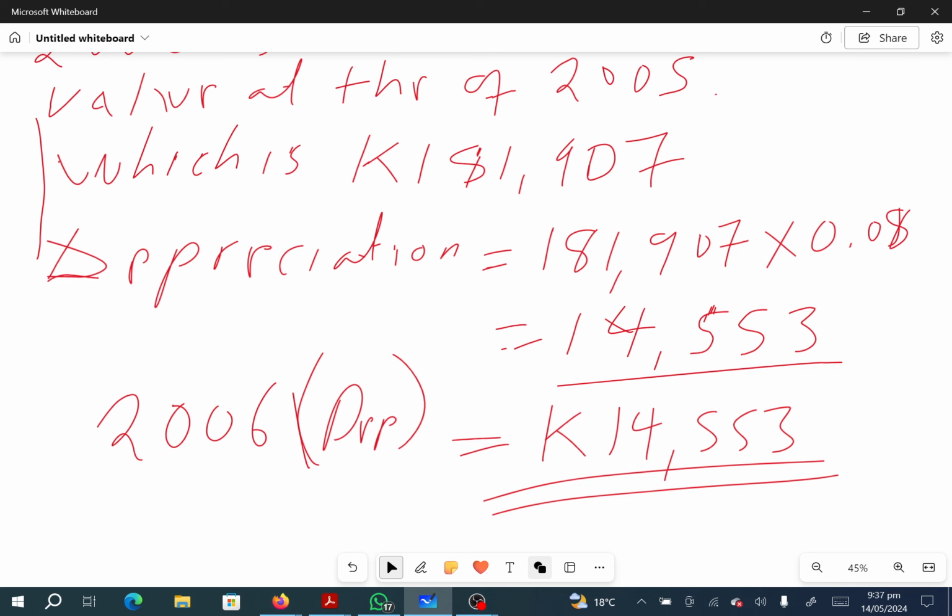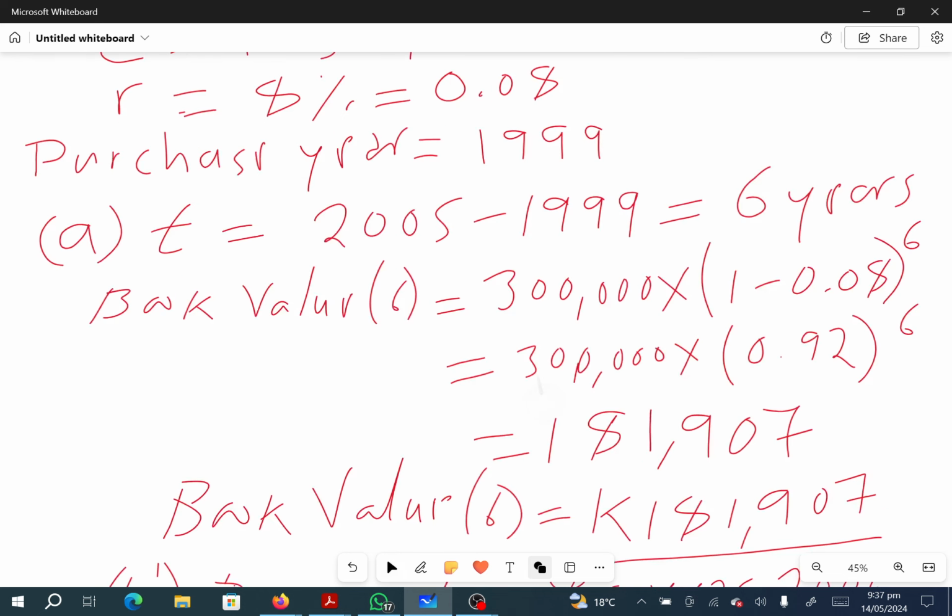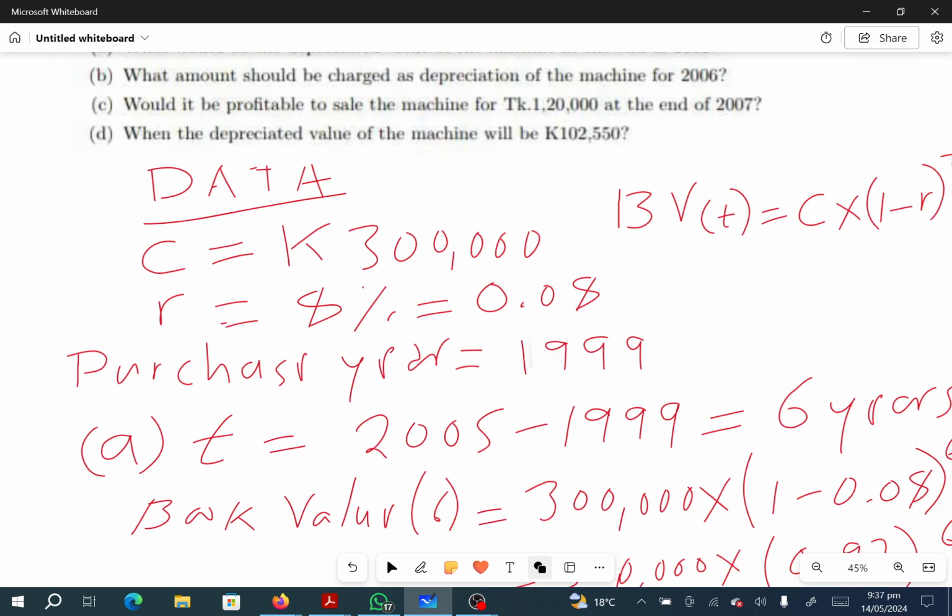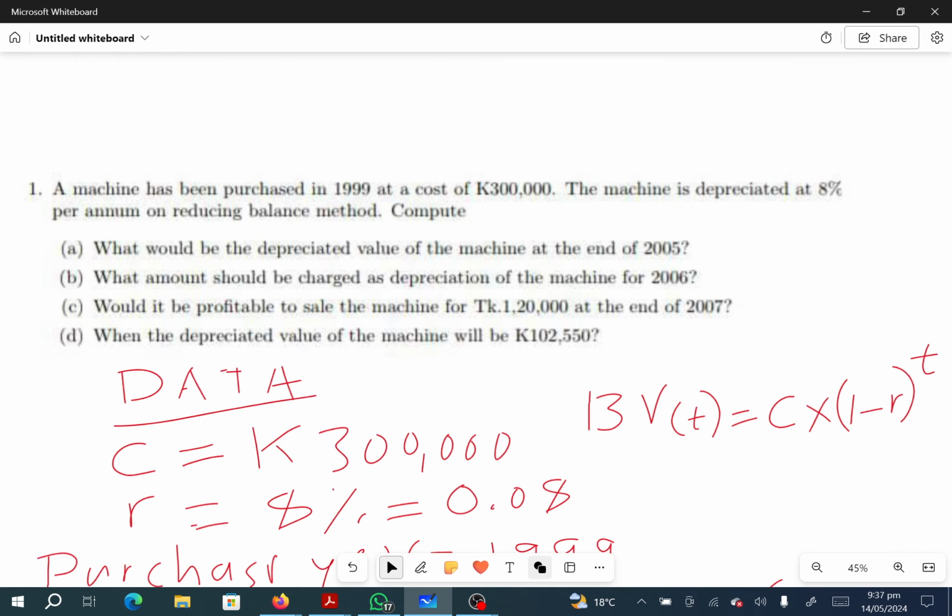Okay, so now let's look at part C of the question. Part C is saying, would it be profitable to sell the machine at 120 at the end of 2007?